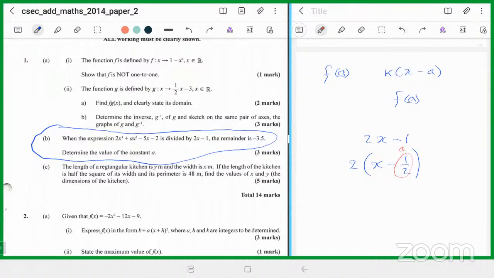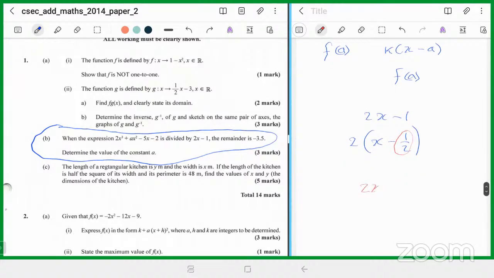So my a is half. So again, I'm finding f of half. All right? But most teachers teach it a way where they would put the 2x minus 1 equals 0 and then solve x equals half, and therefore my a is half. All right? That's just a gimmick way to do it.